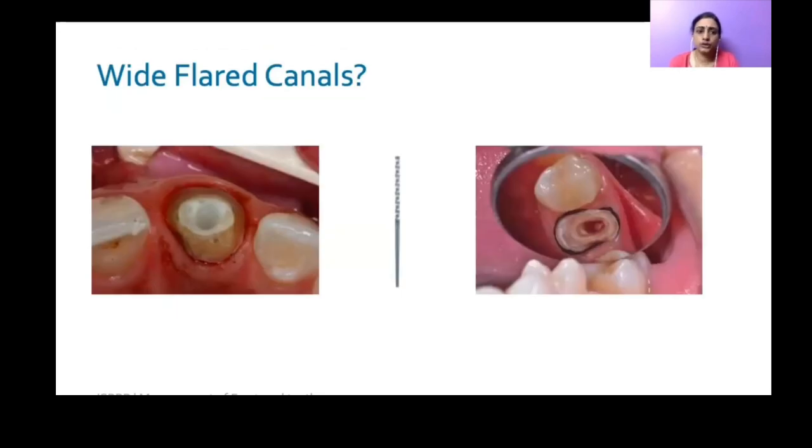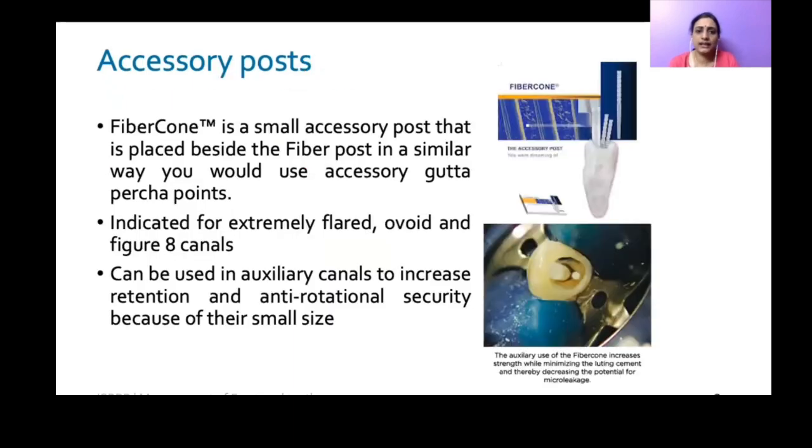Another option for wide or flared canals is an accessory post. This is just similar to the lateral condensation technique for gutta-percha. You actually place the main post within the canal, and for the remaining post space, you can add one or two of these accessory posts. It is available in the brand name Fiber Cone.